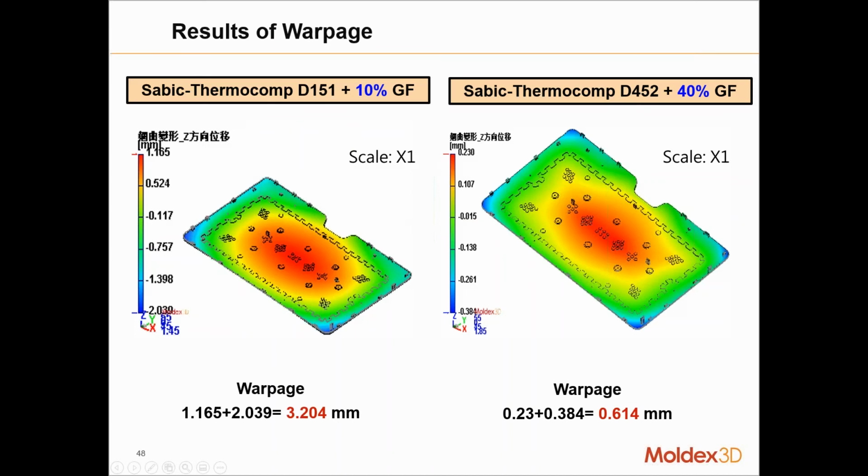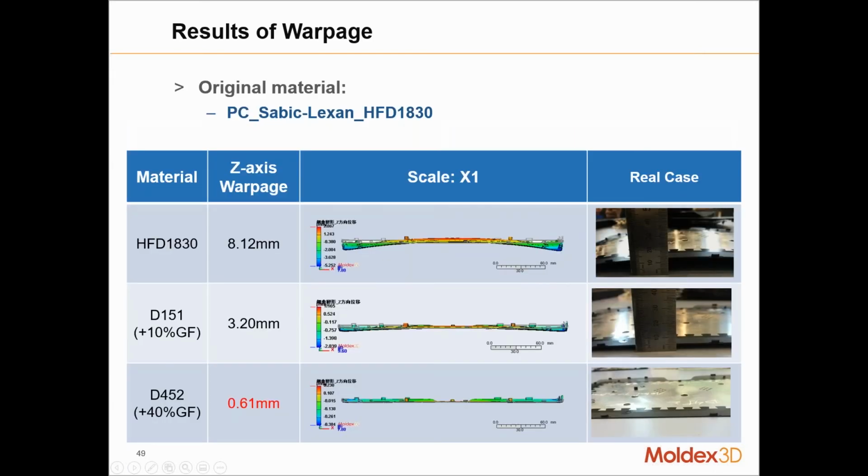And in this case, you already see with 10% glass, there is a significant reduction in warpage. And of course, with the higher percentage of glass, the reduction in warp was even better.